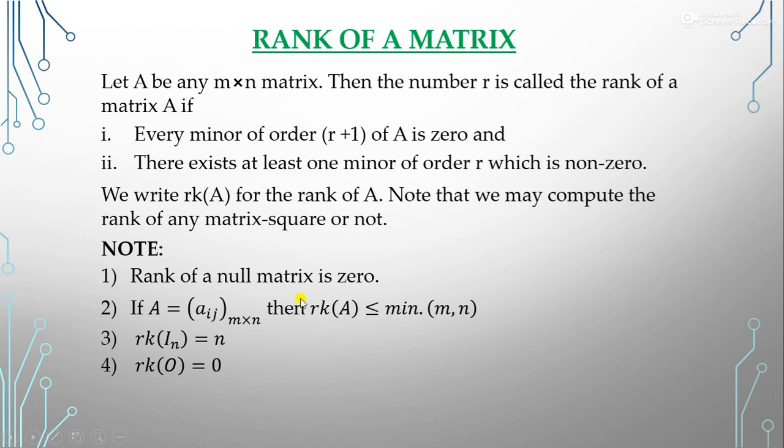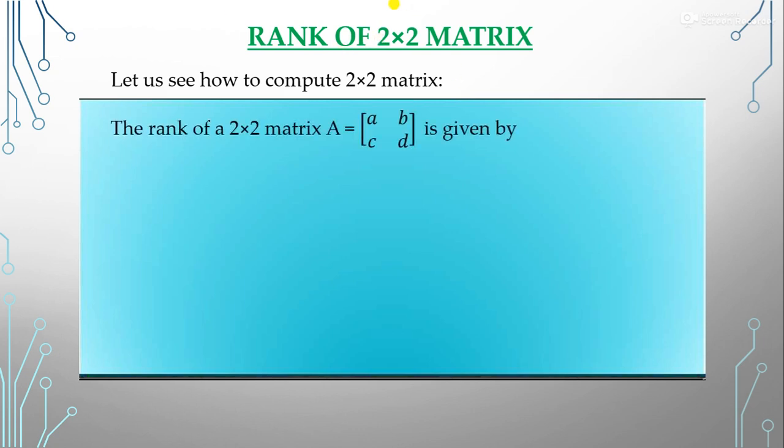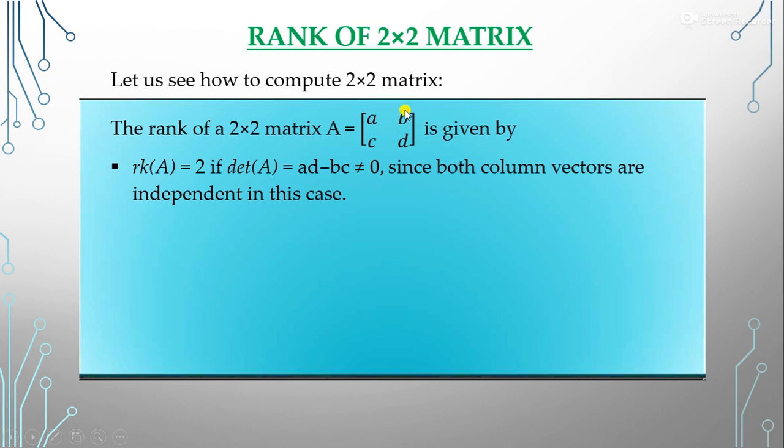And I told you that the rank of the zero matrix is 0. Now, suppose we have to find the rank of a 2 by 2 matrix, with elements A, B, C, D. What will be the maximum rank of this matrix?